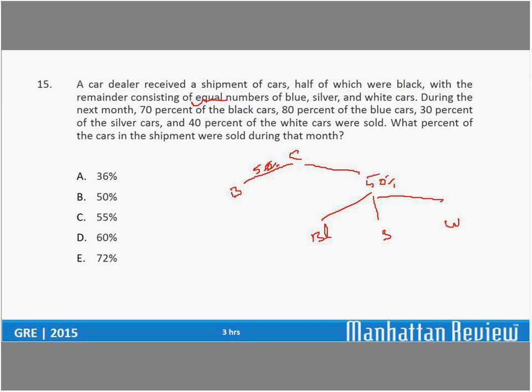So I have to plug in the other way. Because all these three are equal in count, if I take this 50% as 300, it will be 100 each. If this is 100, then black also should be 300. Total number of cars would be 600.